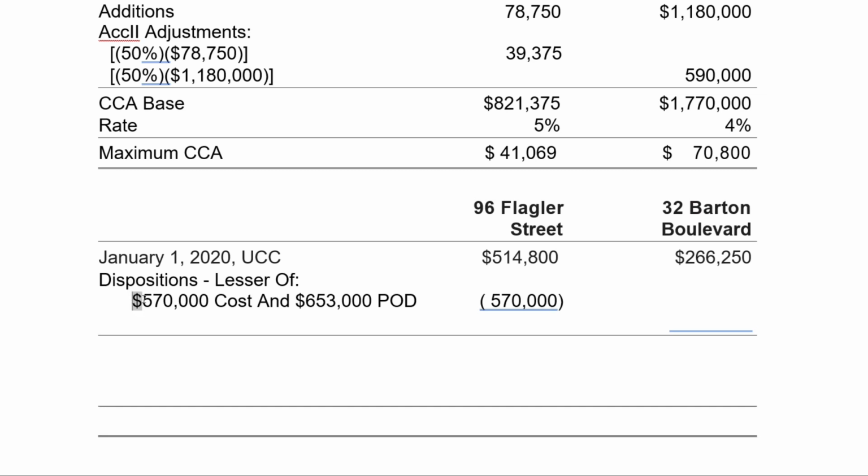Now, for the 96 Flagler Street, the capital cost was $570,000 and the proceeds were $653,000. The lesser of the two is $570,000. So our disposition for the sake of this property in this class will be $570,000.